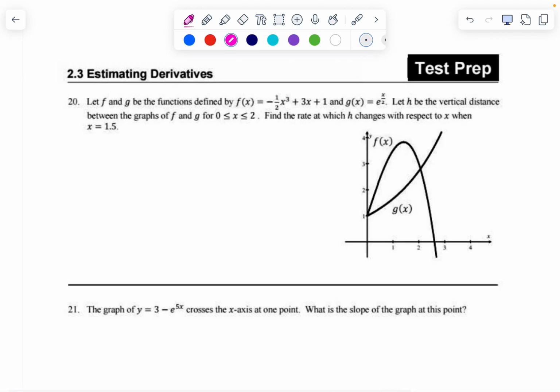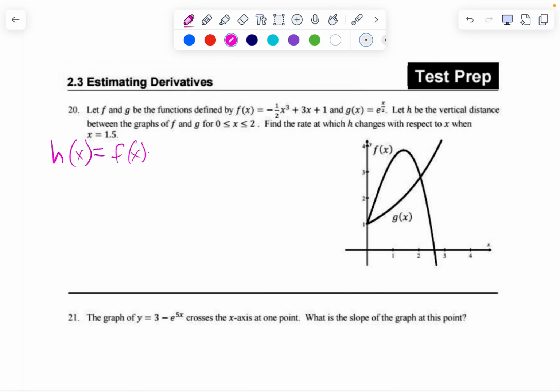How do we find, it says let h be the vertical distance between the graphs. So h of x is defined by what? Yeah, so it's f minus g, which then we can plug in the actual function rules. And we're going specifically at 1.5.